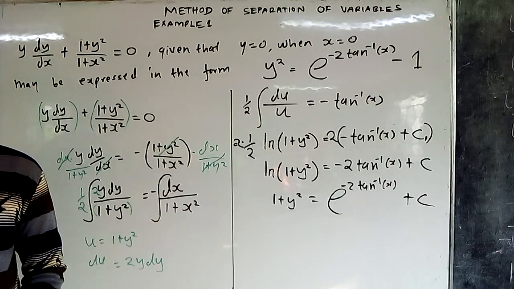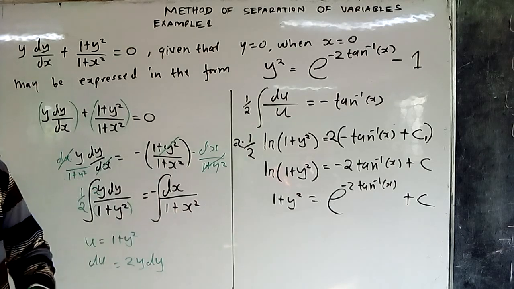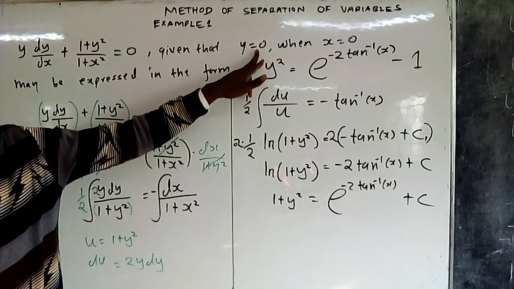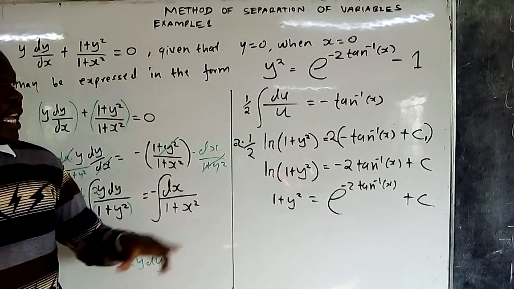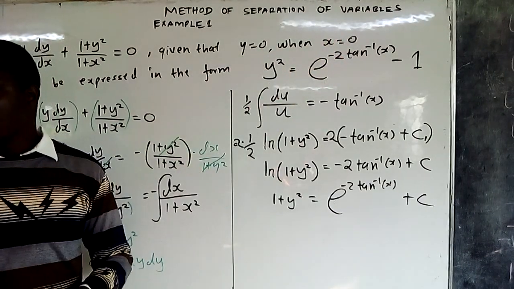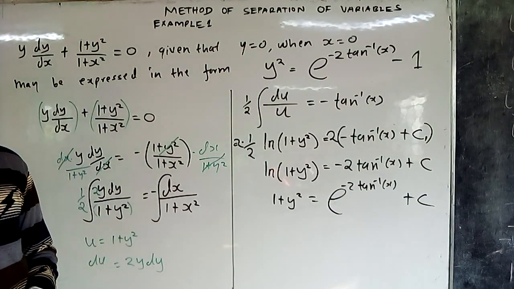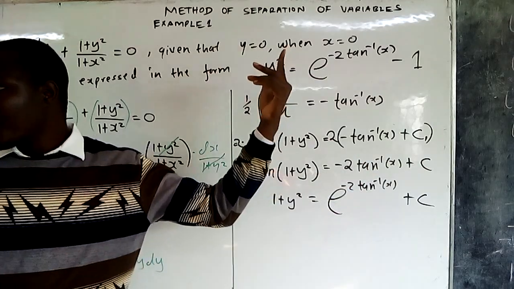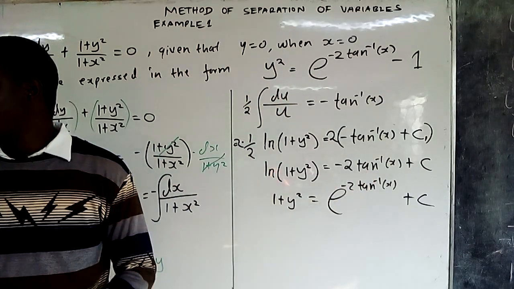Now, having done that, you go to the initial conditions. You'll be told y is 0 when x is 0, meaning where there is y you put 0, and where there is x you put 0, to get the value of the constant c. The reason you don't take the whole of c to be part of the exponential function is that we had two different functions on either side of the equation.